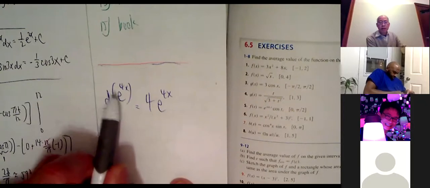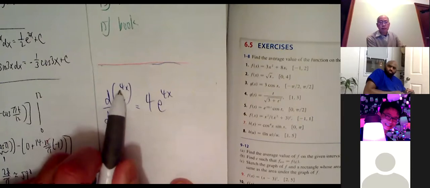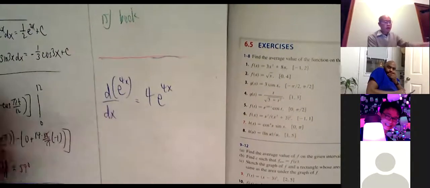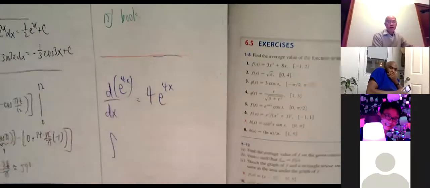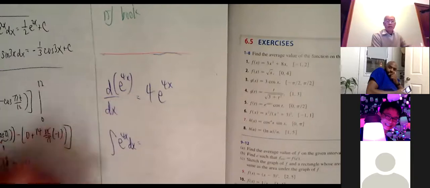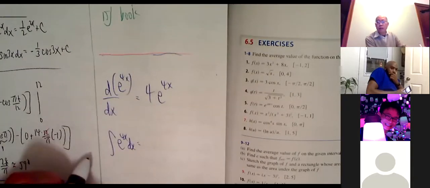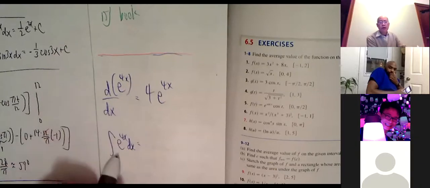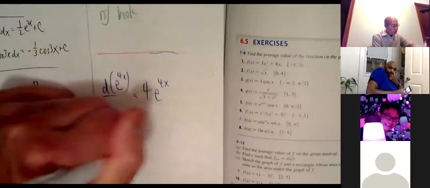Because the chain rule said you leave this e alone, e to the 4x, but then you have to multiply by the derivative of 4x, which is 4. So if I differentiate it, I multiply by 4. Therefore, if I integrate, remember, integration and differentiation are opposite operations, right? So here, if I multiply by 4, what do you think happens here? You divide by 4, or multiply by 1/4.